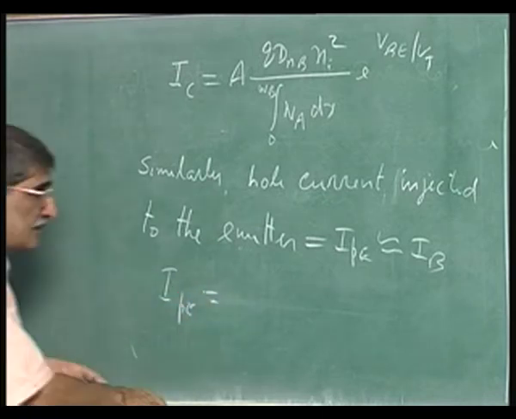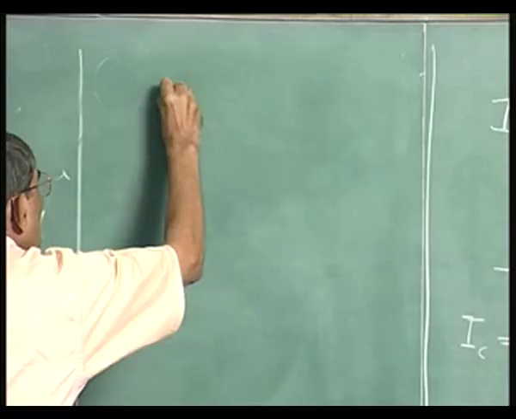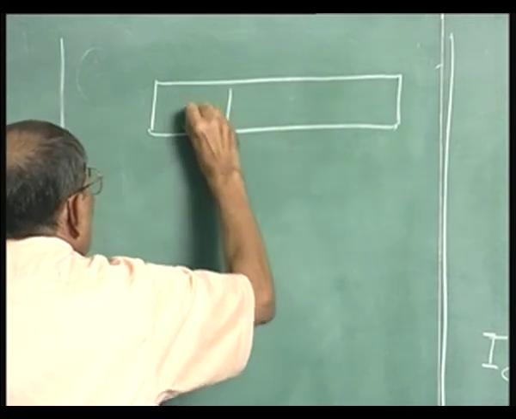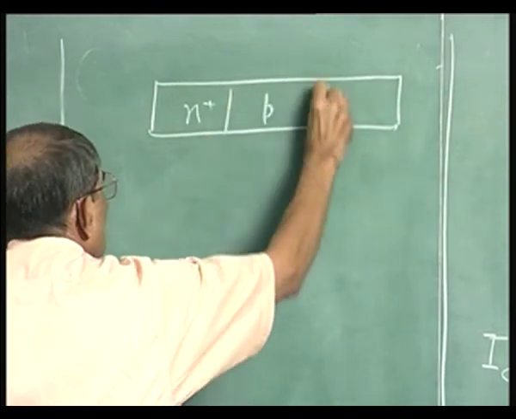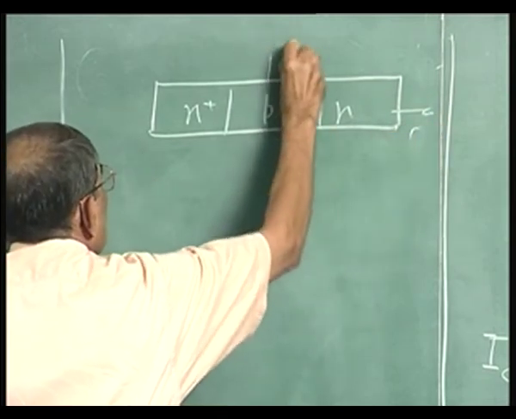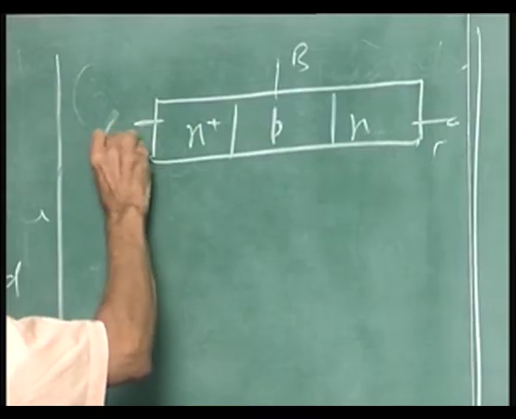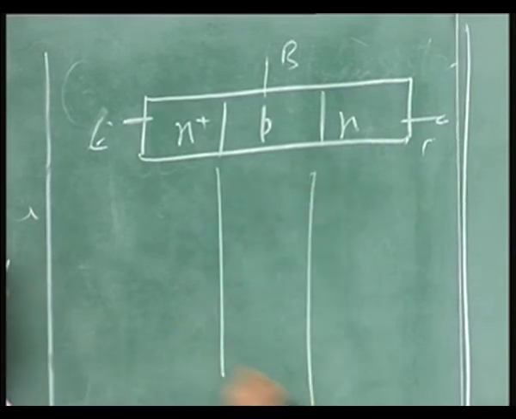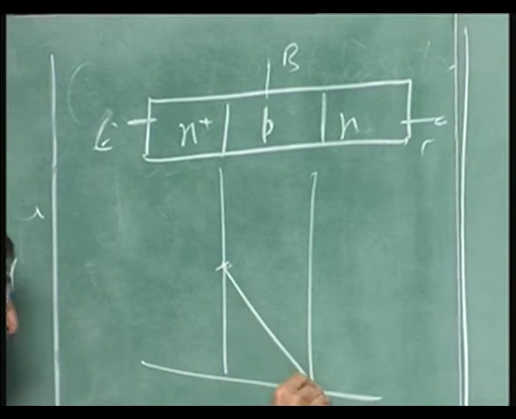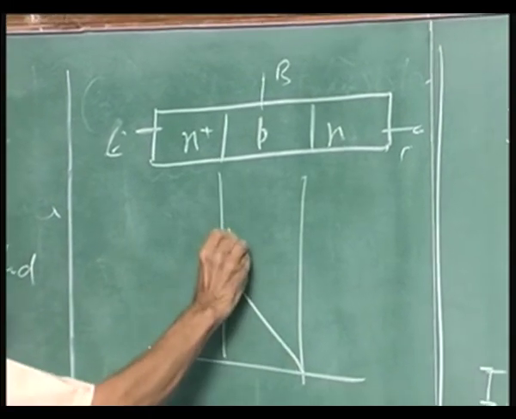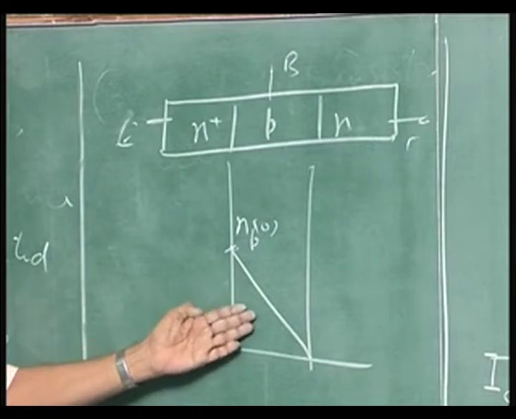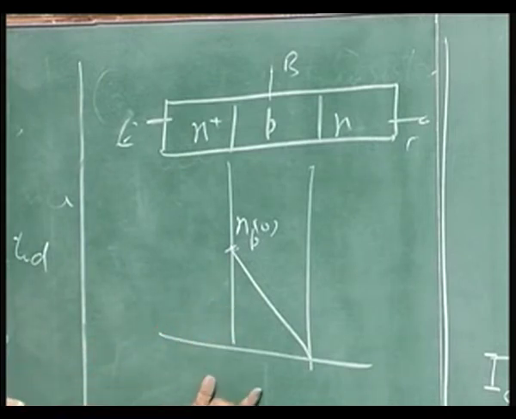Let me put this across to you by drawing a diagram here. N plus, P, N minus: collector, base, emitter. That is the carrier distribution here, NP0, and everything was related to NP0 divided by WB.